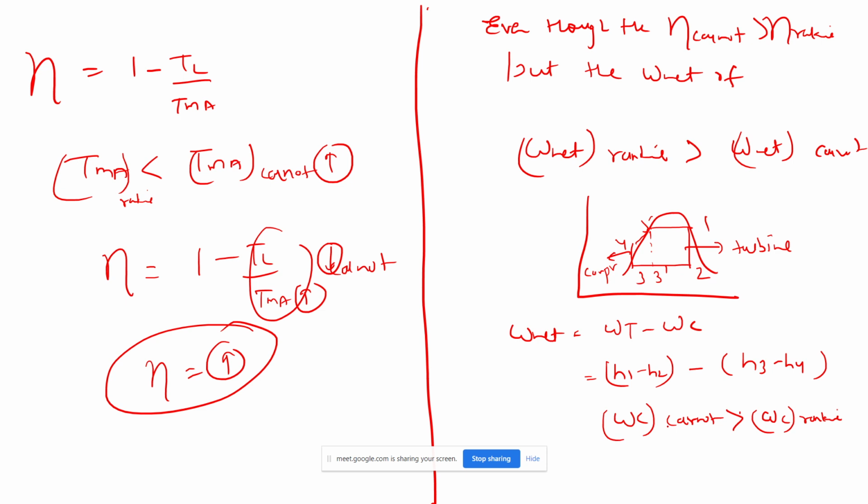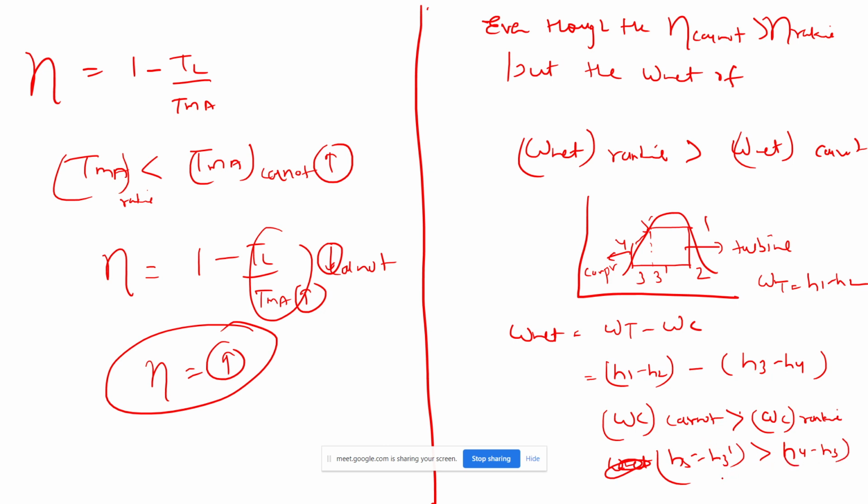Because of this, what will happen to the net work output? The turbine work is the same for both cycles, that is H1 minus H2. The difference comes in the compressor work. The compressor work for the Carnot cycle will be H5 minus H3 dash, which is higher than H4 minus H3.